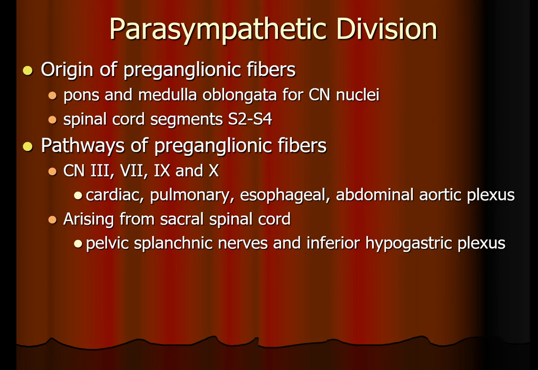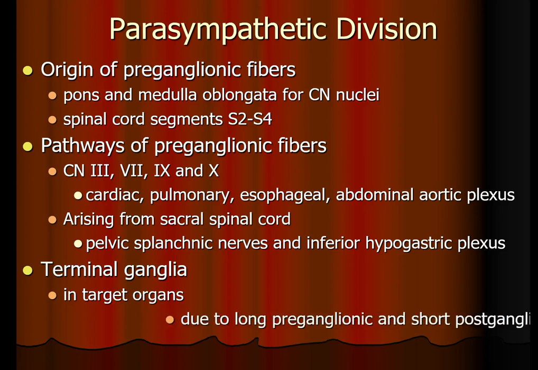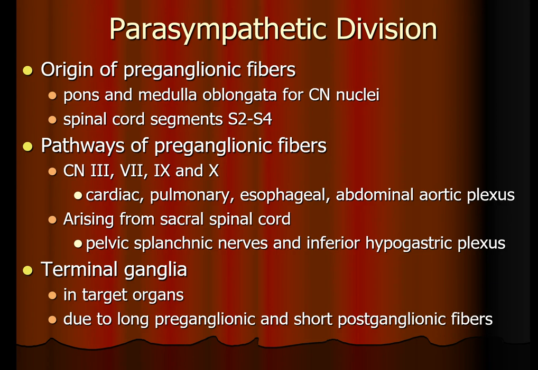They have very long preganglionic neurons because the ganglion in which they synapse, the terminal ganglia, the end ganglia where they have the synapse, the pre on the post, is generally in or right near the target organ. So the preganglionic neuron goes almost the whole distance, and then we have a very short postganglionic neuron. Okay? And so that's what it's telling us there. Very long preganglionic neurons and short postganglionic neurons.